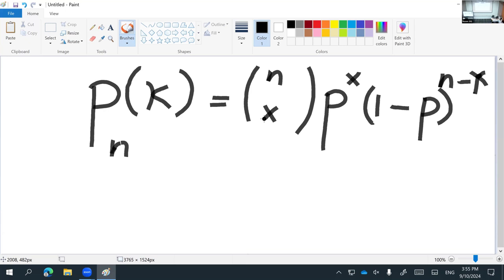Well, it's 1 minus P, 10 of them. What's the probability of all heads? P, 10 of them. What's the probability of 9 heads and 1 tail? It's P to the 9, 1 minus P to the 1. And how many possibilities? 9. Oh, 10. Okay? Right? So that's the mathematics.